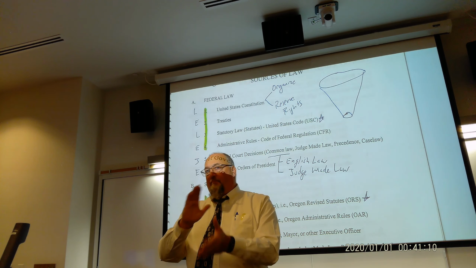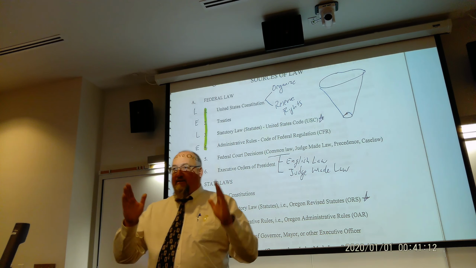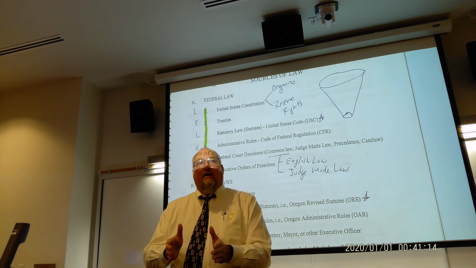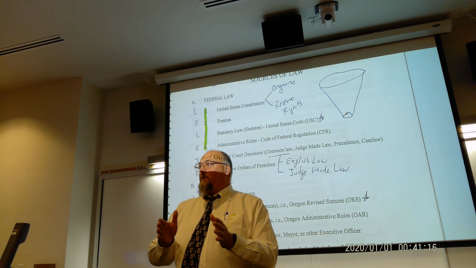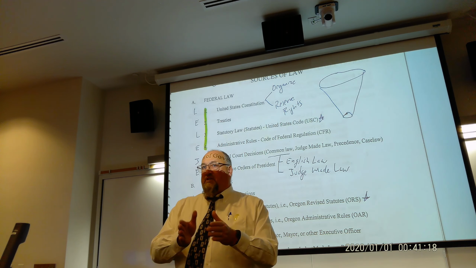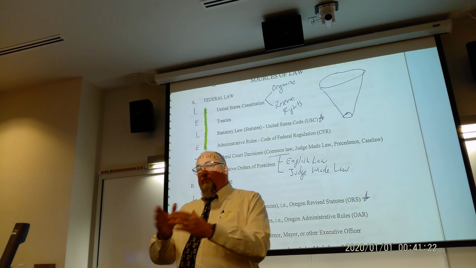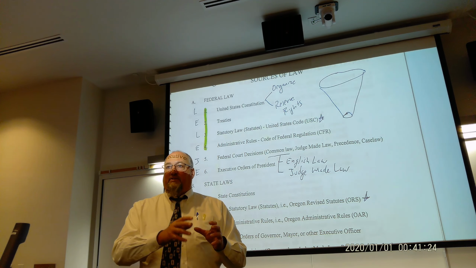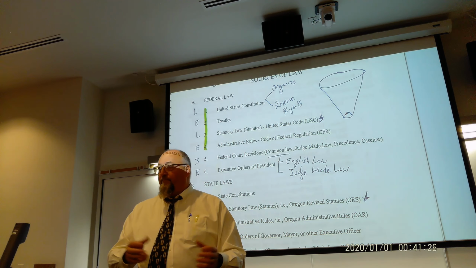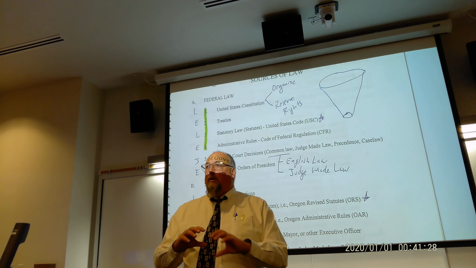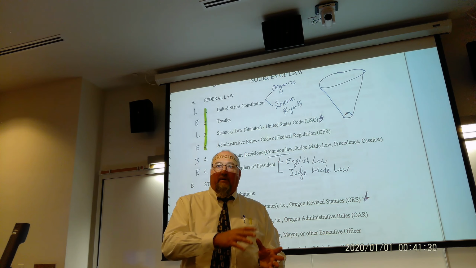Now again, this is a very gray area. It's not as cut and dried as I'm saying, but the theoretical idea is the executive can't write law under separation of powers. The executive order cannot function as an alternative to legislating, just like an administrative rule cannot function as an alternative to legislating.